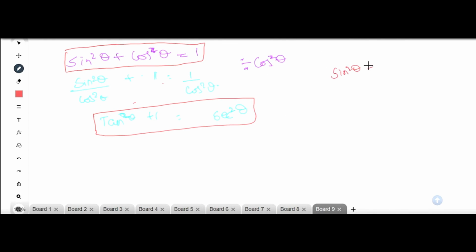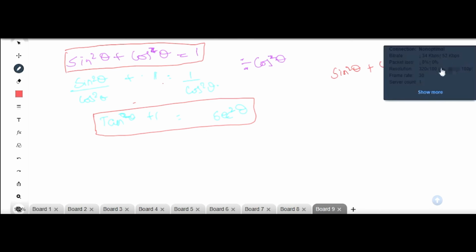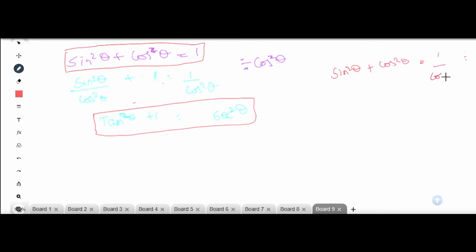See, sin square theta plus cos square theta equals 1. You make sure you are dividing both sides by cos square theta. The originality of the equation remains the same, right? Cos square can get cancelled if you take the LCM and see it as a whole.